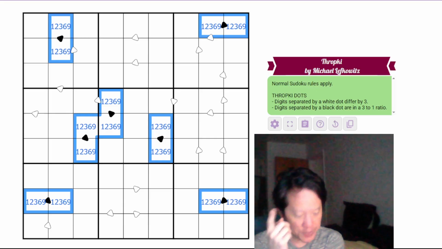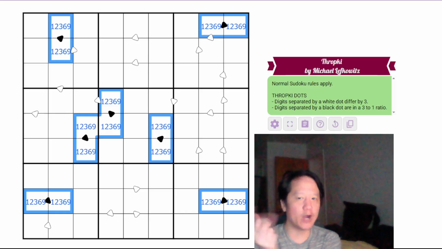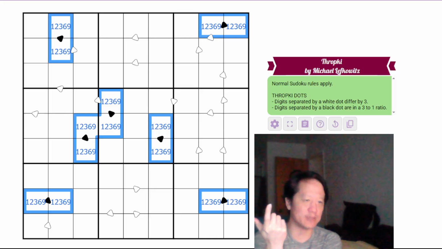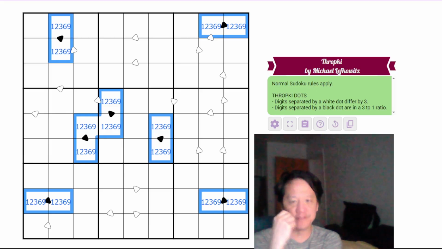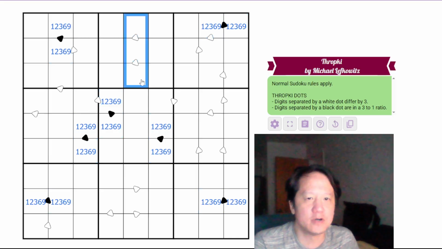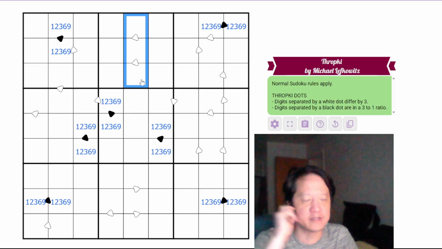Okay. One thing, though, about Thropki. This is actually going to be interesting. If you've done modular lines, these white Thropki dots work similarly, in that they divide into sets where you have to have the same modulo if they are next to a white dot. So these 3 cells are in the same set modulo 3.